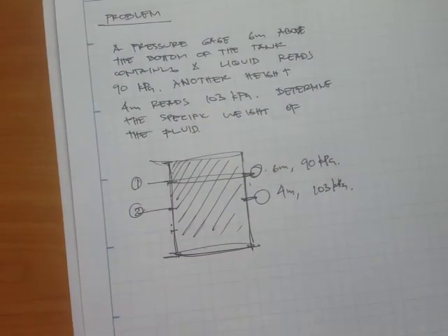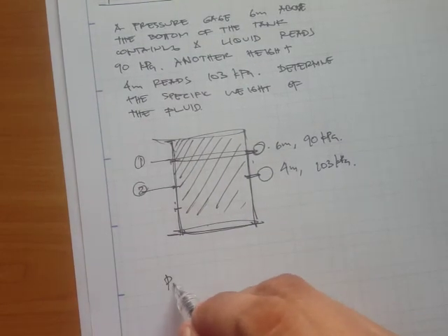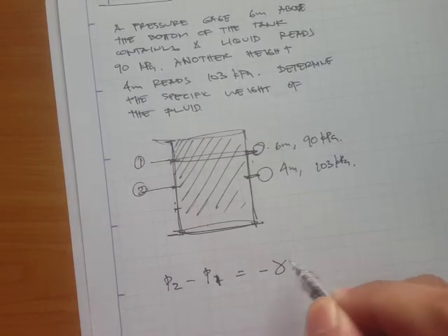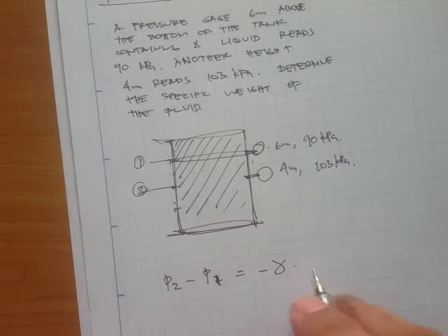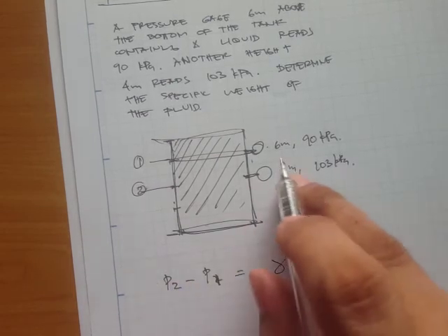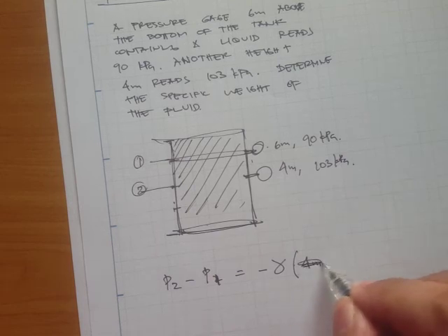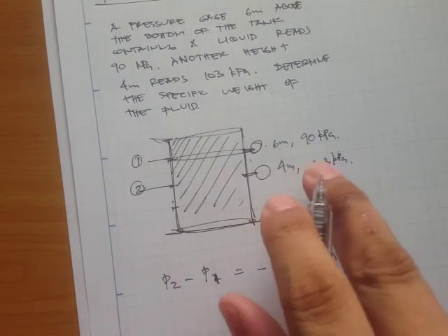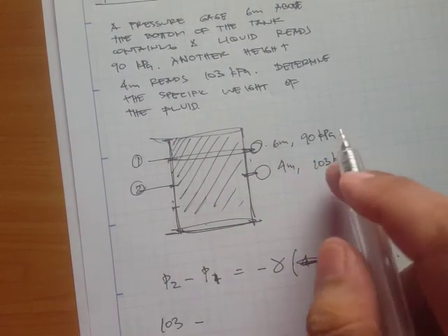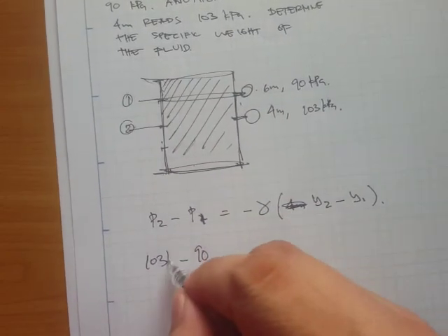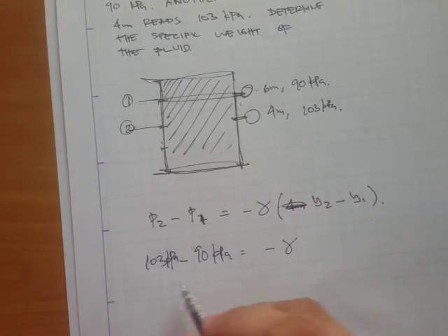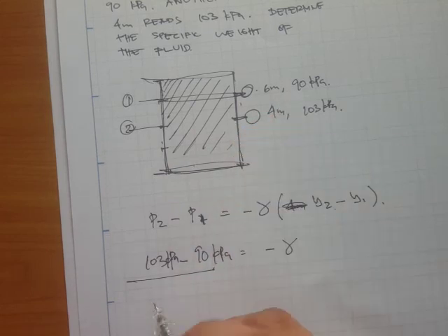Okay, so let's say this is our point 1, this is our reference point, and then this will be our point 2. We can actually solve directly, because we know that the hydrostatic equation is P2 minus P sub 1 is equal to negative of the unit weight times the change in height, which is y sub 2 minus y sub 1. So P sub 2 is 103 minus P sub 1, 90 kPa, is equal to negative the unit weight times y sub 2, which is 4 minus 6 meters.